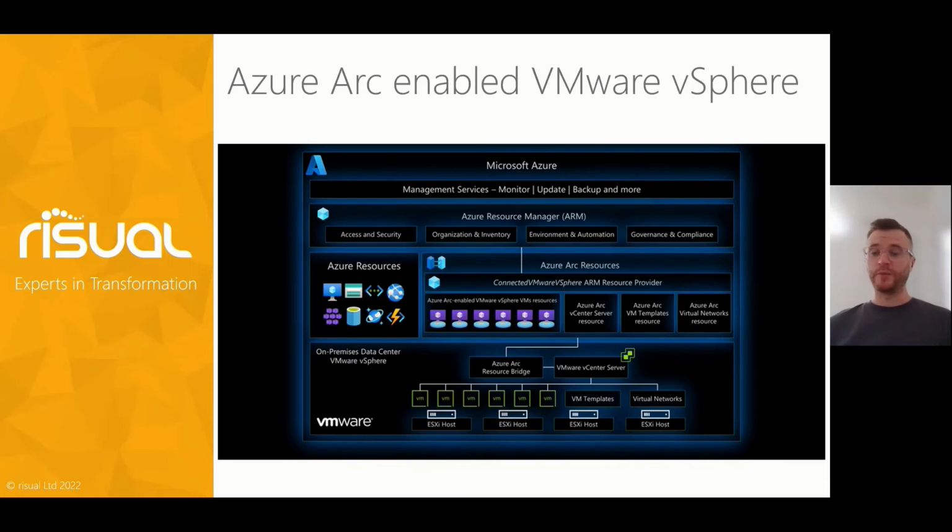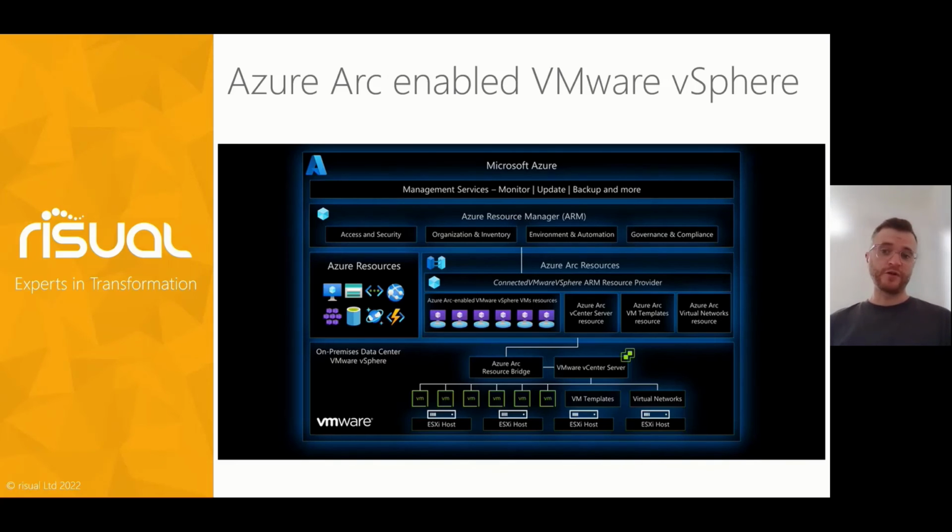It allows developers and application teams to self-serve VM operations on demand using Azure Arc. And you can browse your VMware vSphere resources, such as your VMs, templates, networks, and storage in Azure, providing you a single pane view of your infrastructure across both environments.